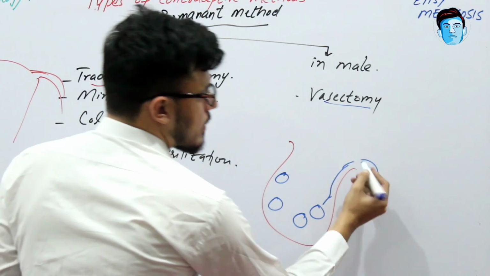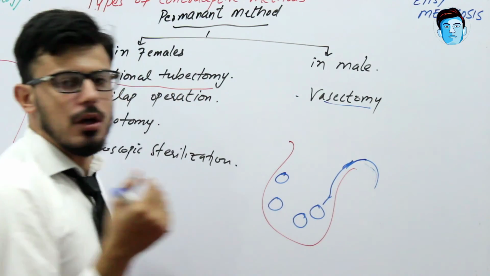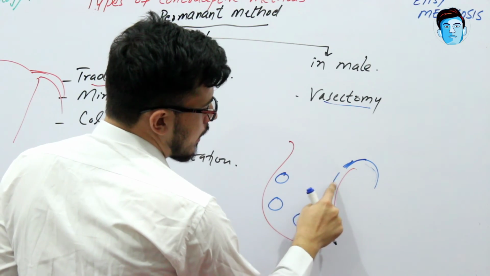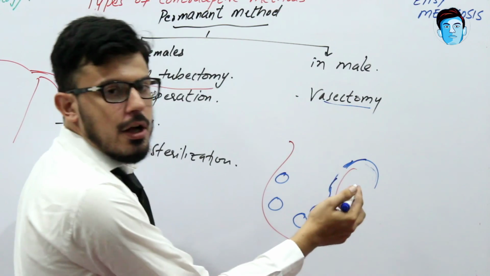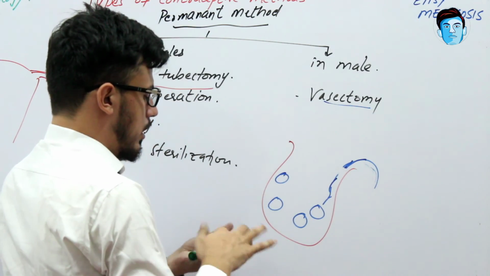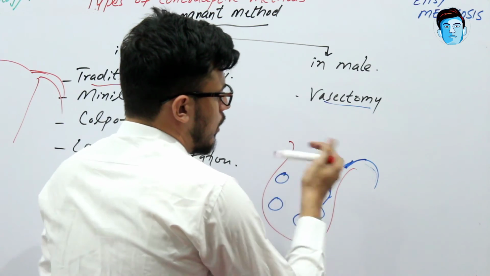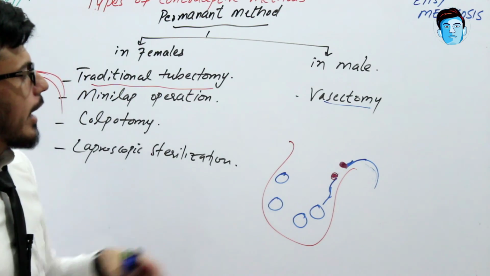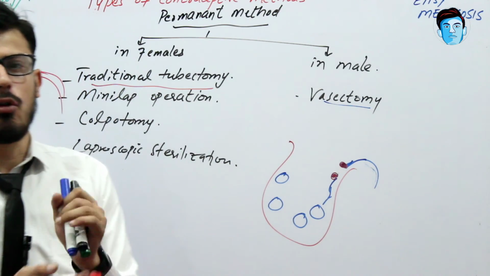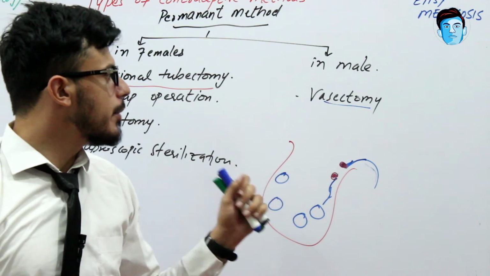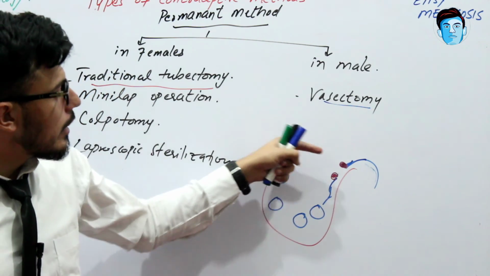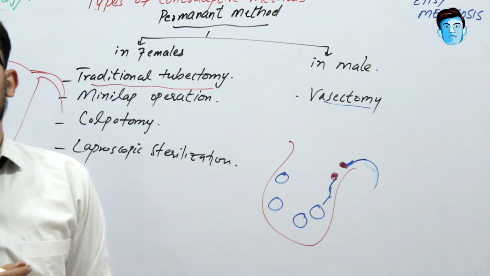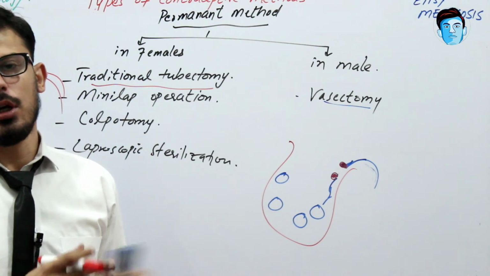We cut the vas deferens, and the cut portion is then ligated at its ends. This cutting should be about 1 centimeter. When we ligate this portion, the sperm is unable to enter the urethra.